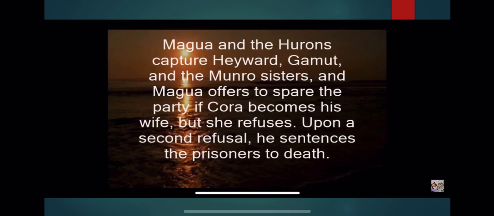Magua and the Hurons capture Heyward, Gamut, and the Munro sisters, and Magua offers to spare the party if Cora becomes his wife. Magua said that if you become my wife, you're going to be set free.